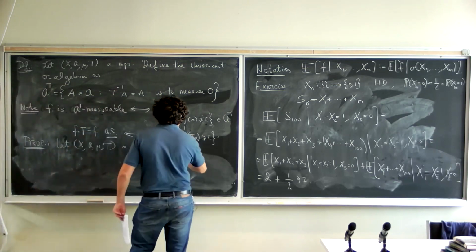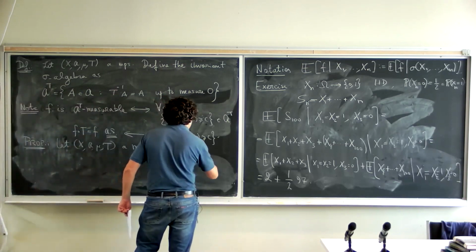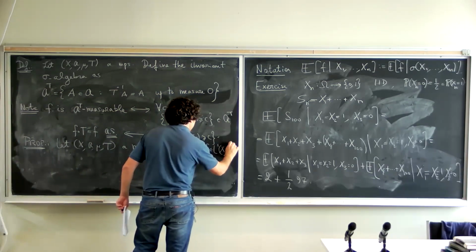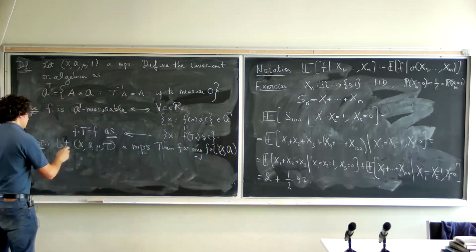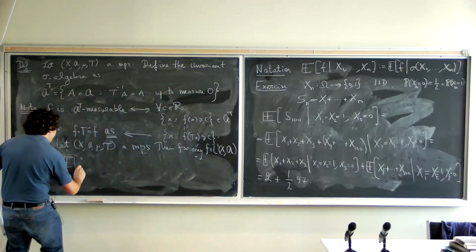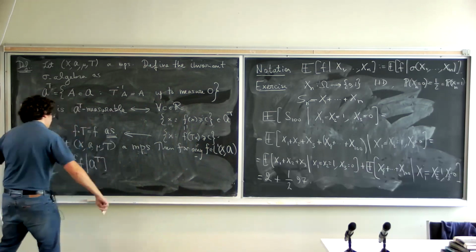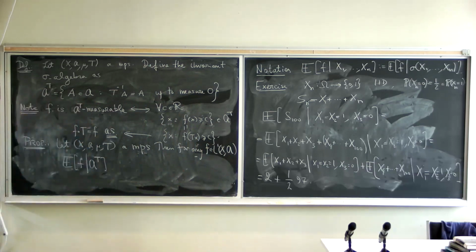Then for any f in L1, what is the expectation of f conditional on the invariant sigma algebra? It's an invariant function that has the same averages as f. So what is it?